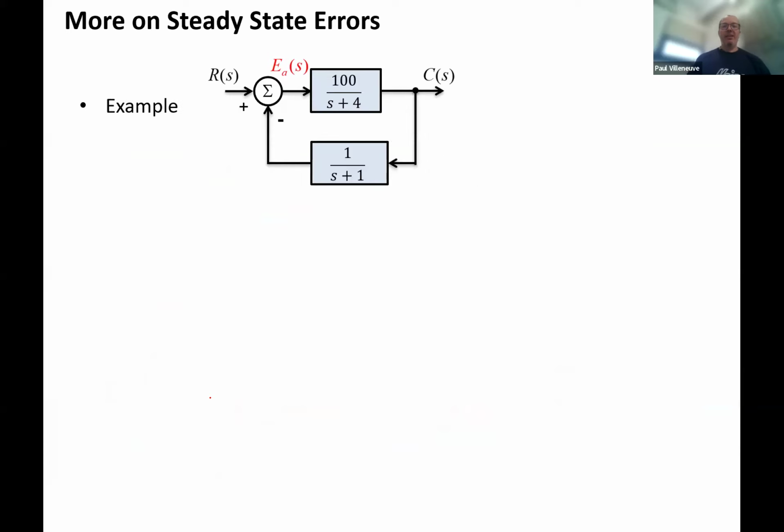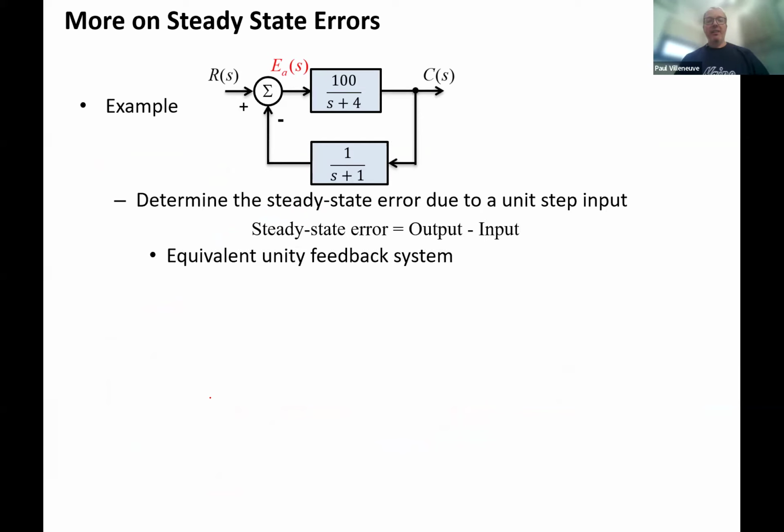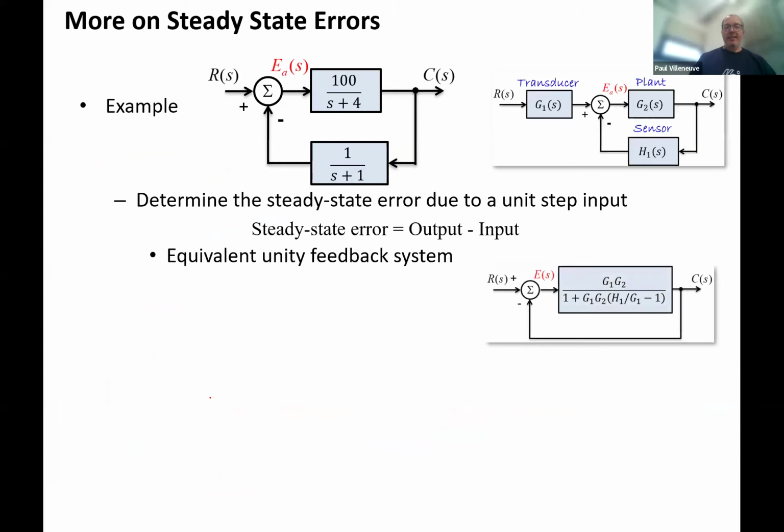Okay, let's take a look at a simple example. We don't have a transducer on the input. We do have an H, a feedback loop, or a feedback gain that is not going to be equal to 1. So that's 1 over S plus 1. We need to add the -1, right? So what we see is there's no G1 term over here.